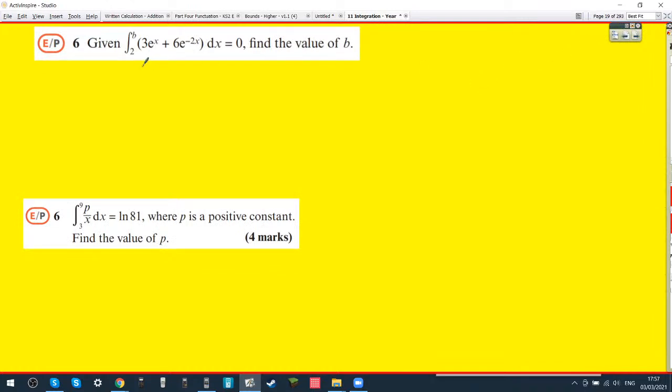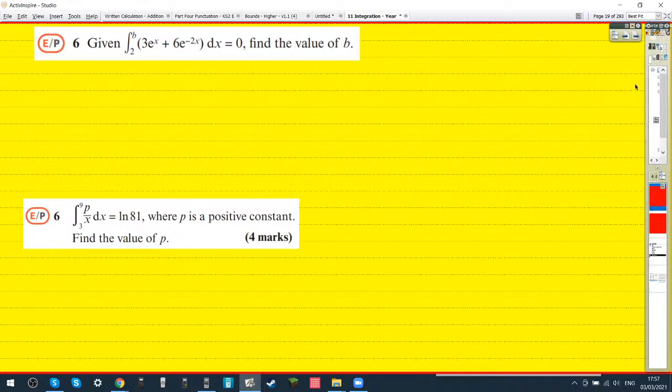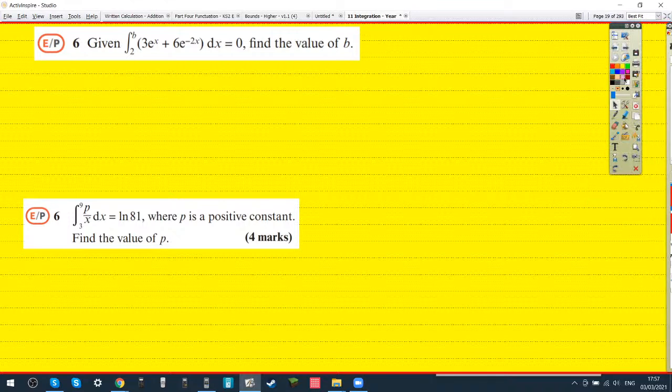Right, let's start this one up the top. Does it stay as 3e to the x? Yep.